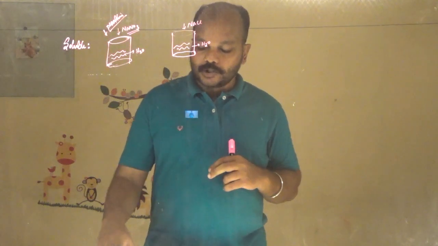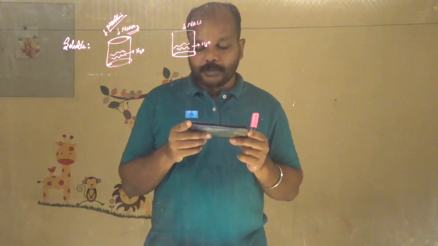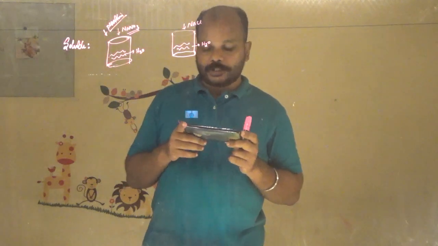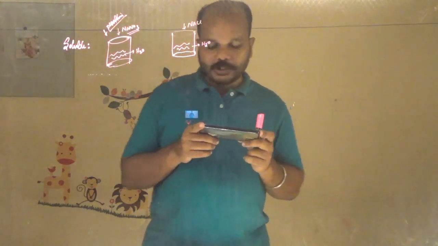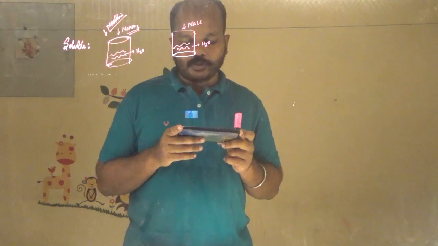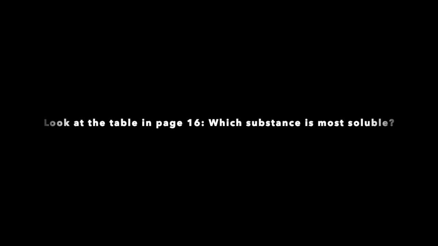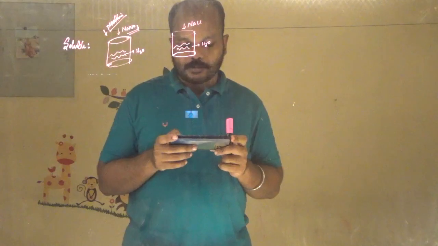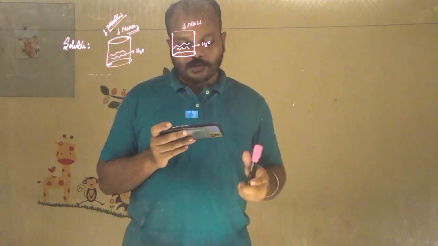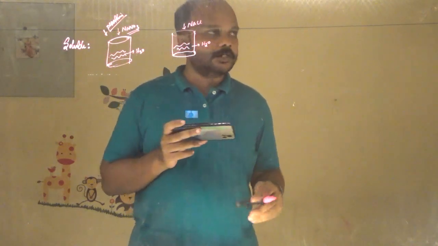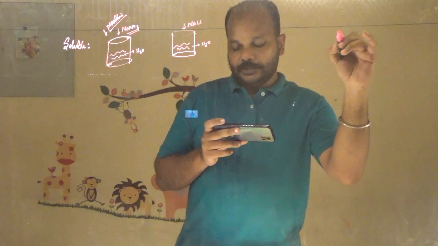So any solution containing water as the solvent is called an aqueous solution. Okay, the next question is: look at the table on page 16. Which substance in it is most soluble? Okay, so I will redraw the table here.